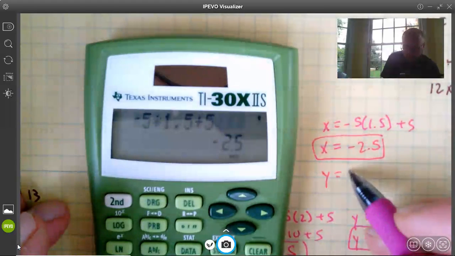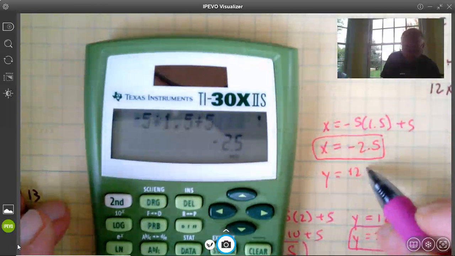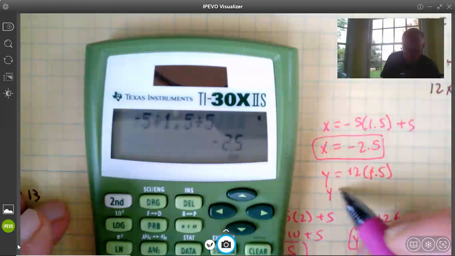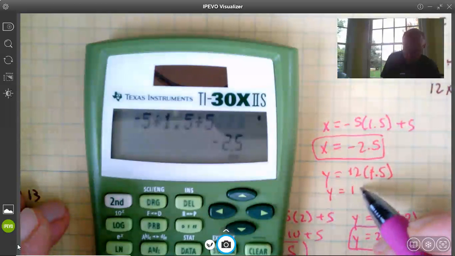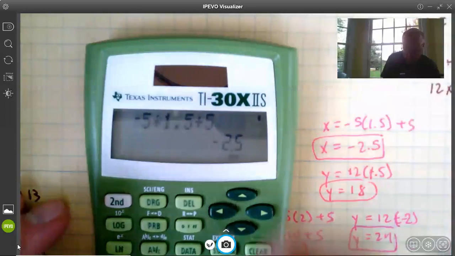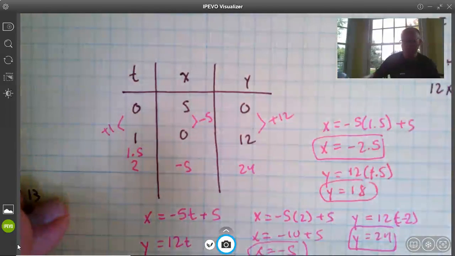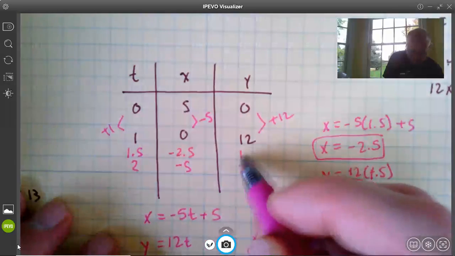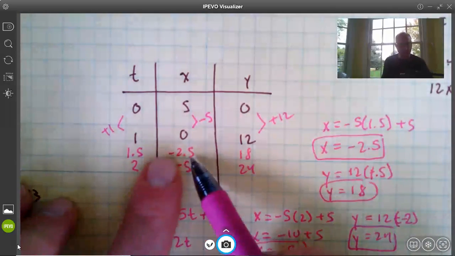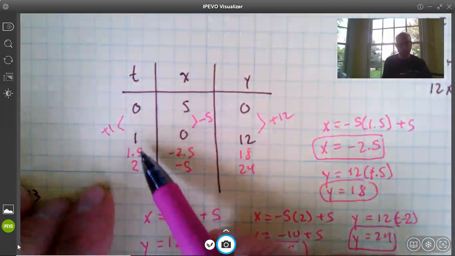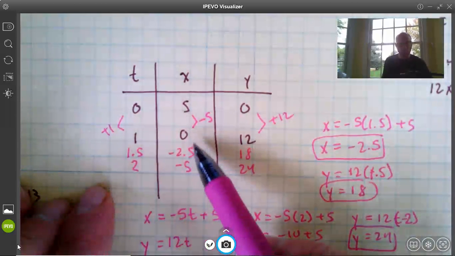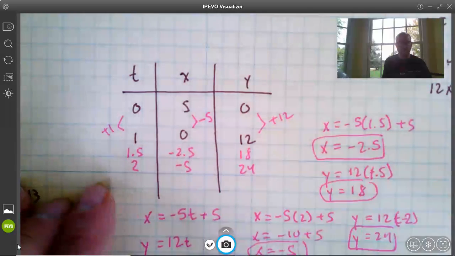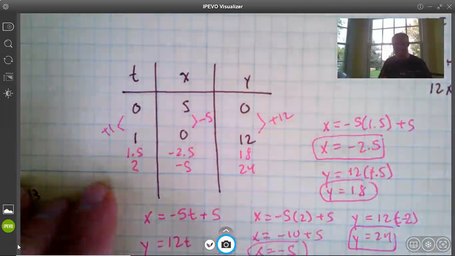And y equals 12 times 1.5. Well, I can do that in my head. That's 18. So at 1.5, the bug is at negative 2.5 and 18, which makes sense. 1.5 is halfway between 1 and 2, the x-coordinate is halfway between 0 and negative 5, and the y-coordinate is halfway between 12 and 24, so that works.